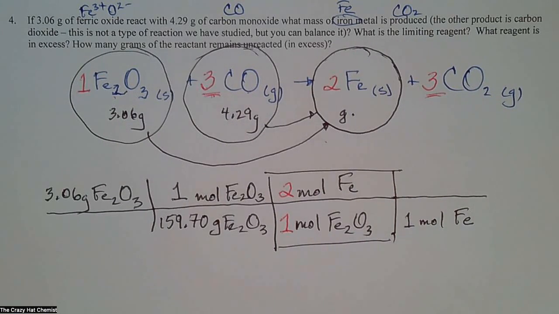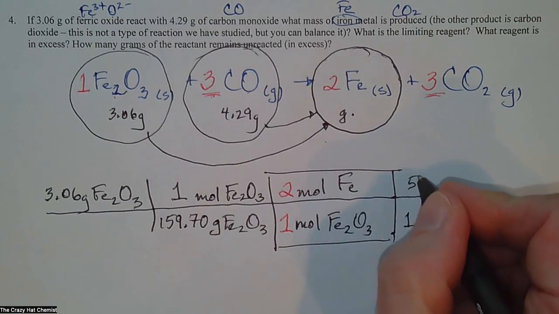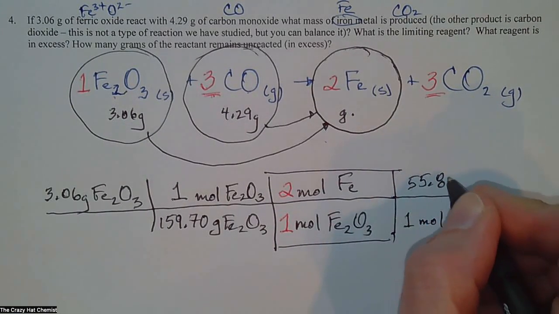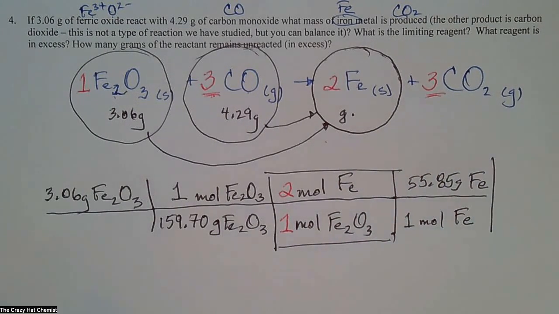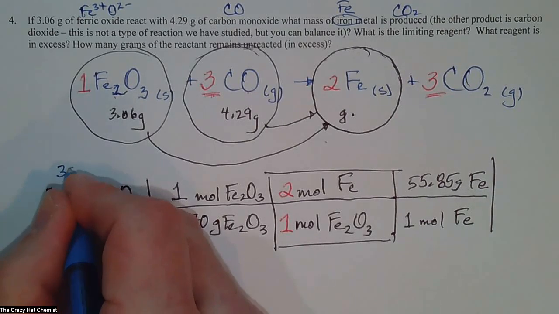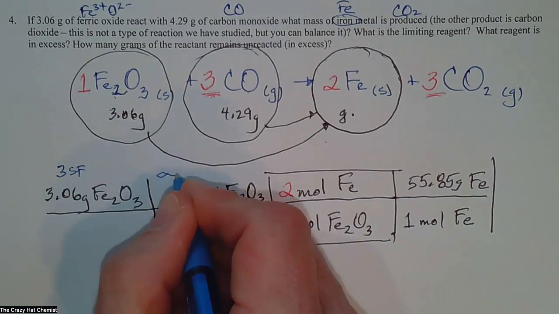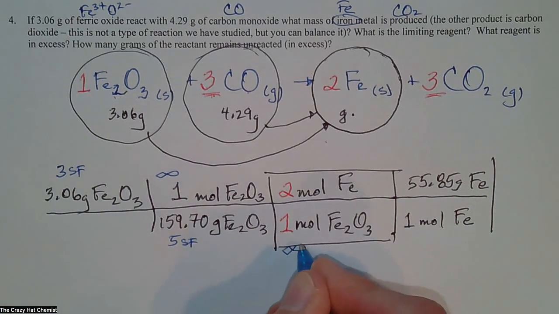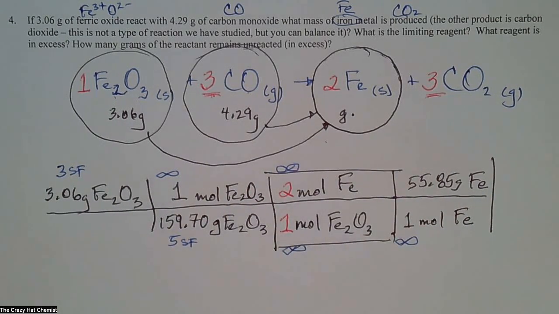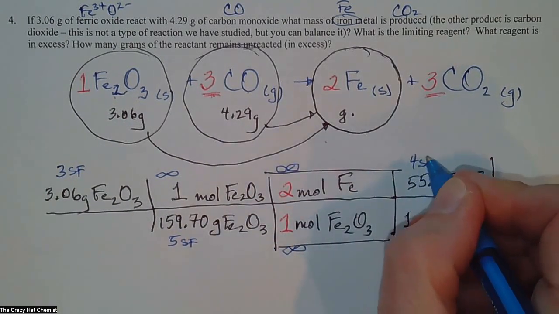And then the molar mass for iron on the periodic table, and that's 55.85 grams of Fe. Okay, and we should be looking at significant figures. This has 3 significant figures, then infinite, 5, and infinite, infinite, infinite, and 4 significant figures.